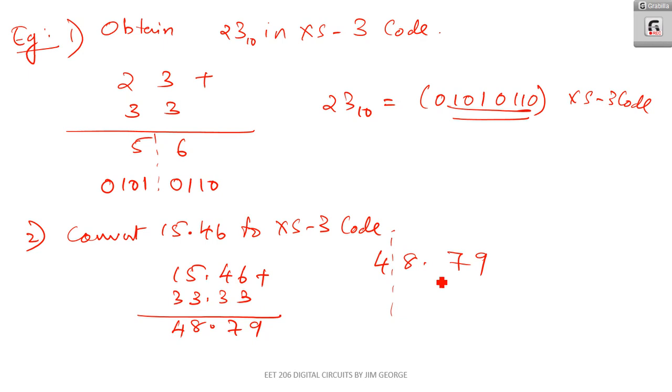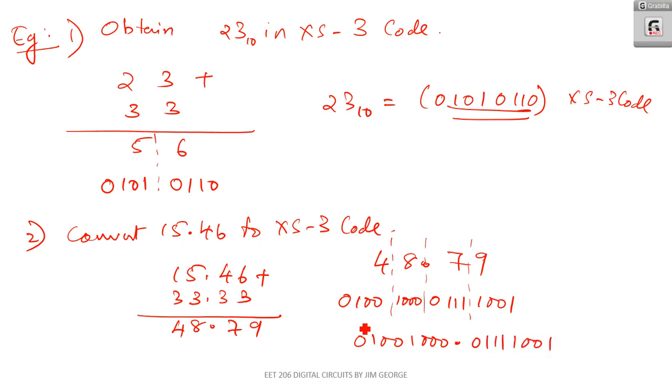You divide it like this. 4 is 0100, 8 is 1000, 7 is 0111, 9 is 1001. Therefore, the corresponding Excess-3 code is 0100 1000, then a point, then 0111 1001.